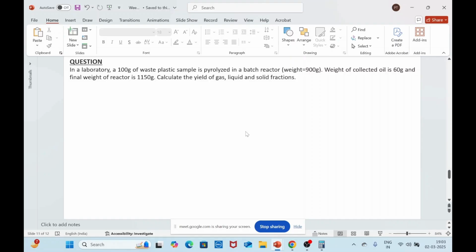Calculate the yield of the gas, liquid and solid fractions. It's a simple question. So you are supposed to calculate the yield fractions.